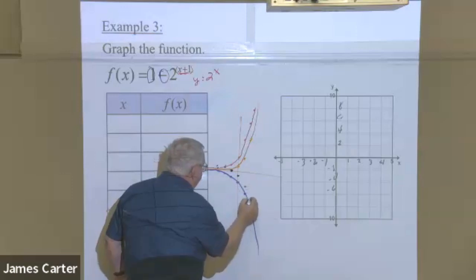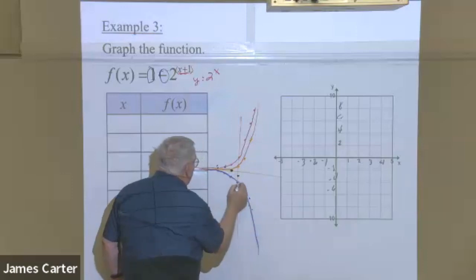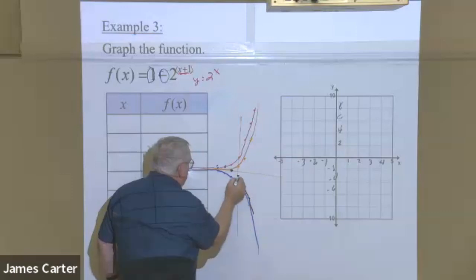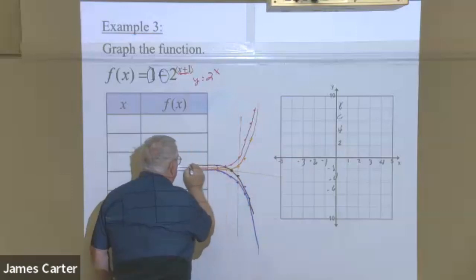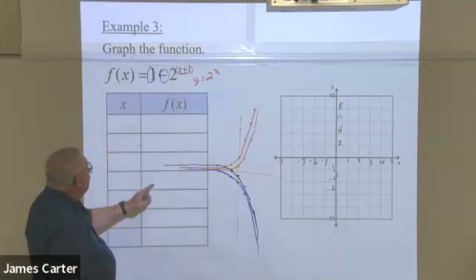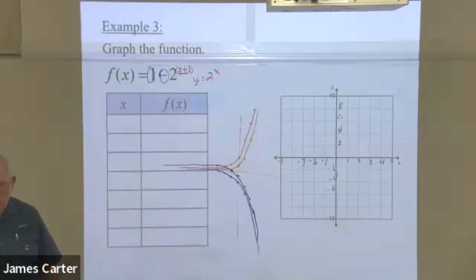This one here. This one here. And this thing now is going to look like this black, the ultimate graph. Okay, that's what these transformations tell you.